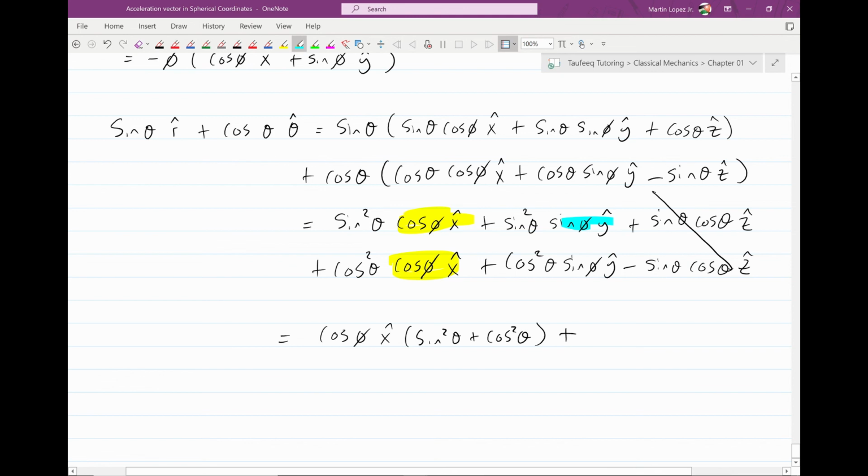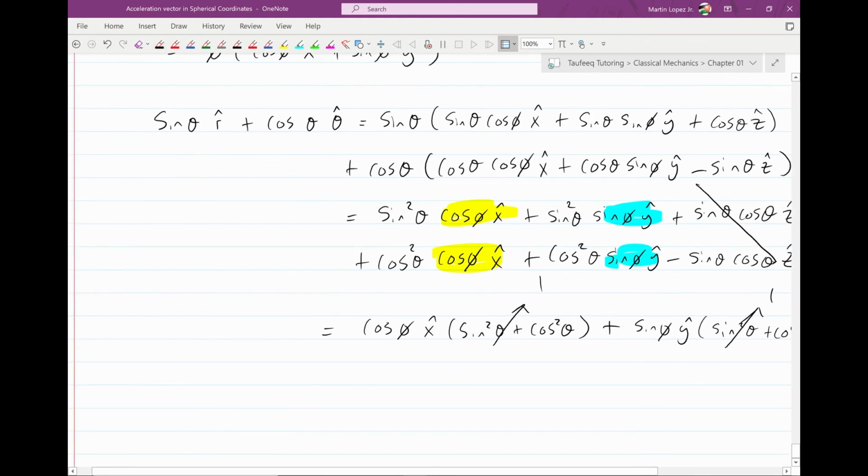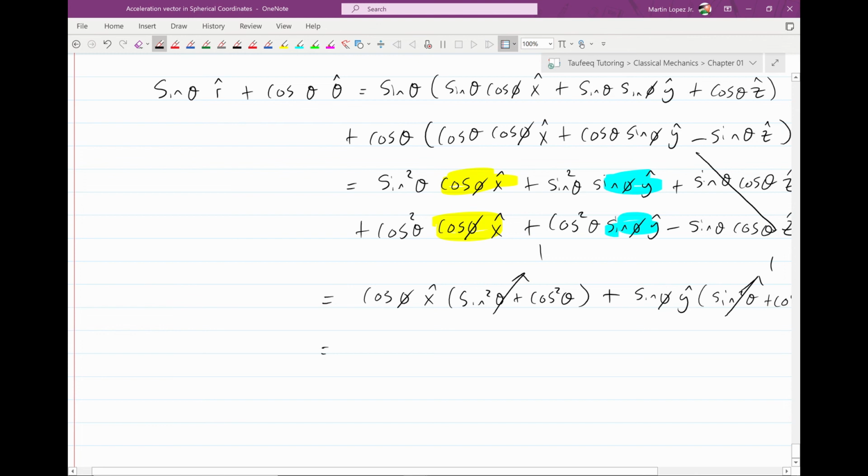So what's left in here is sine squared theta plus cosine squared theta. And then these two terms over here both have a sine phi. So that's going to be sine phi y hat and sine squared theta plus cosine squared theta. And these are 1. So what are we left with?